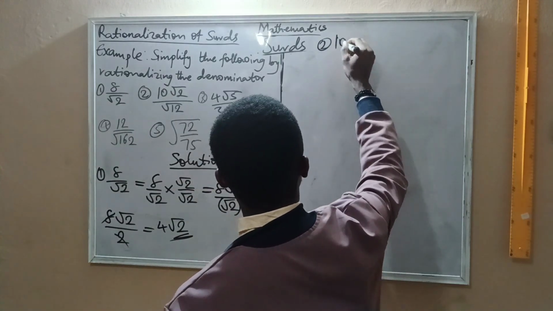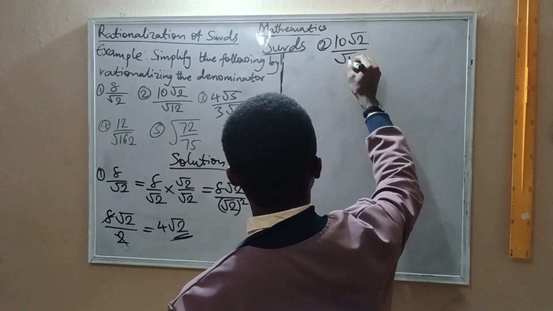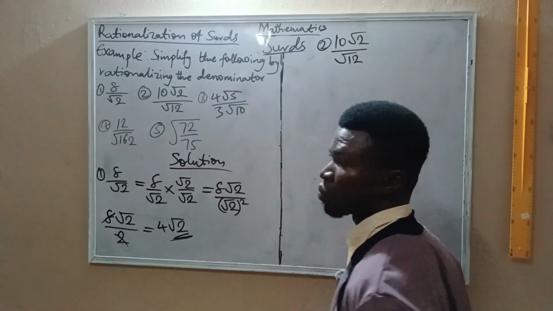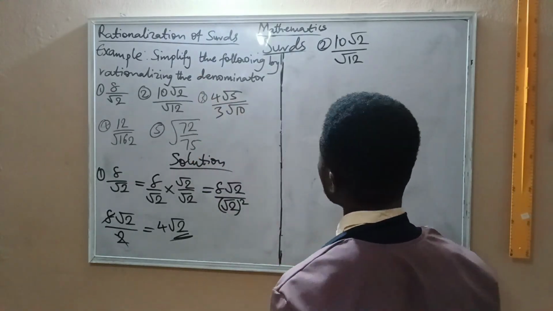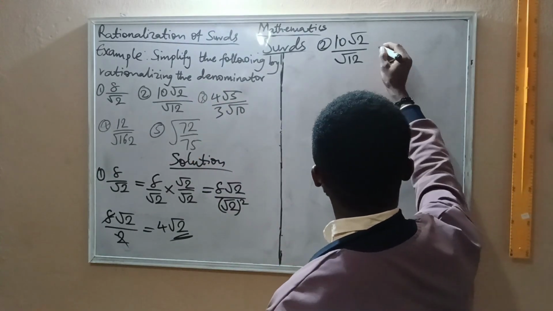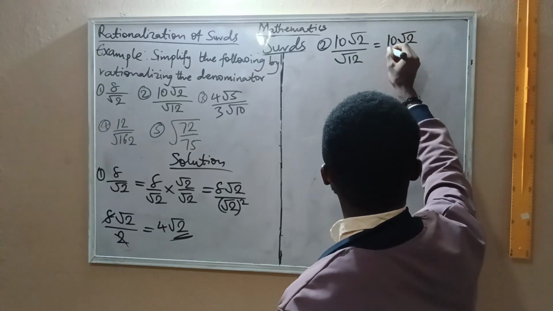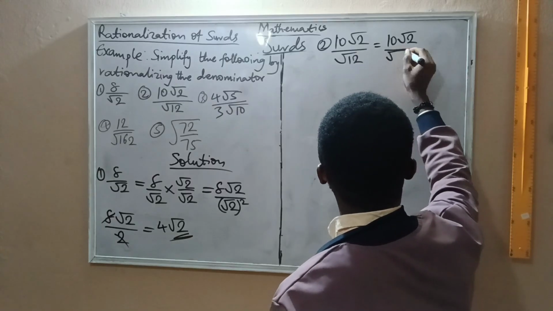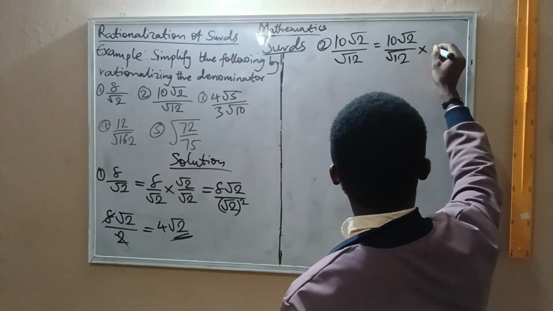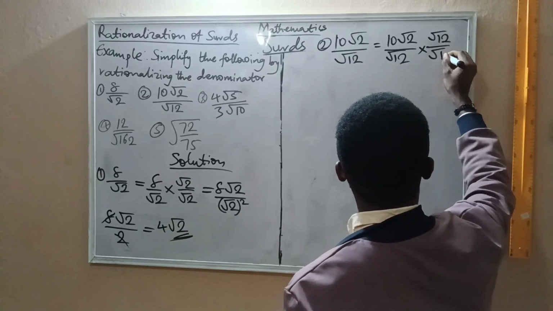says 10 surd 2 all over surd 12. Like I said, we multiply the numerator and the denominator with the denominator. So this is the same thing as 10 surd 2 over surd 12 multiplied by surd 12 over surd 12.